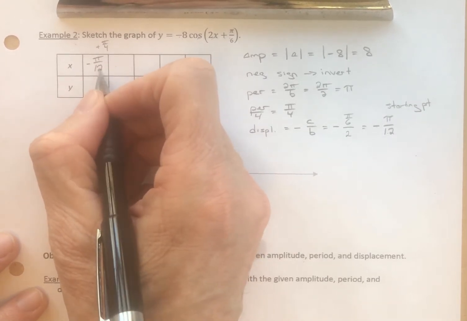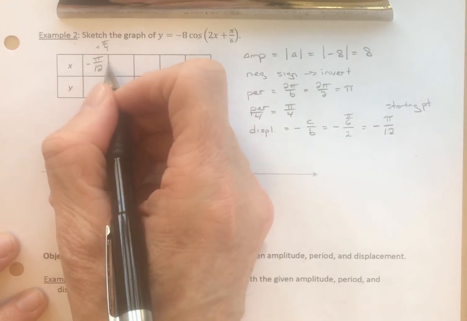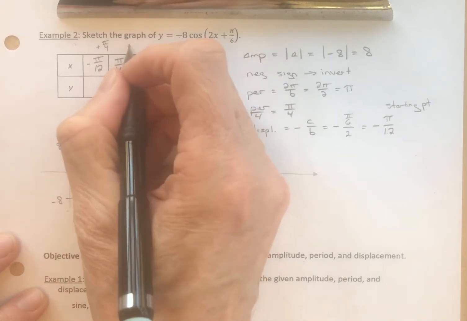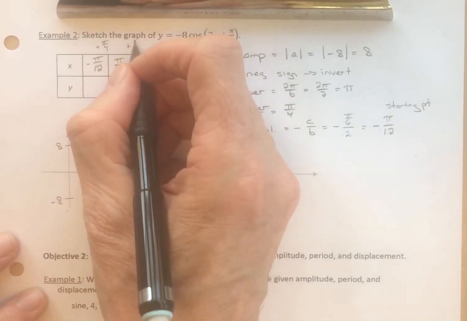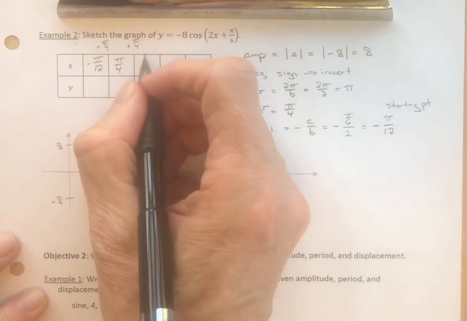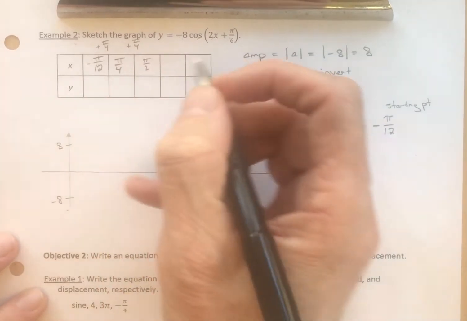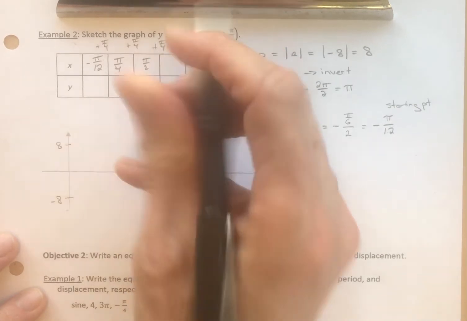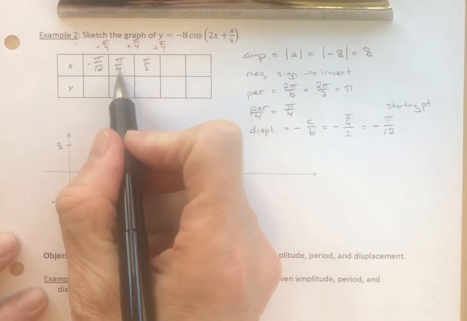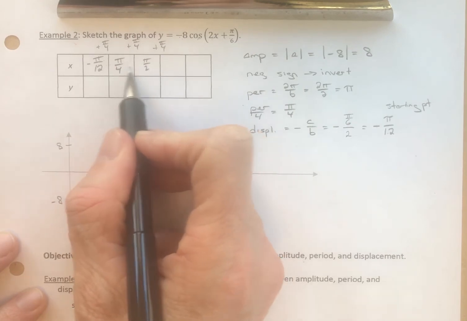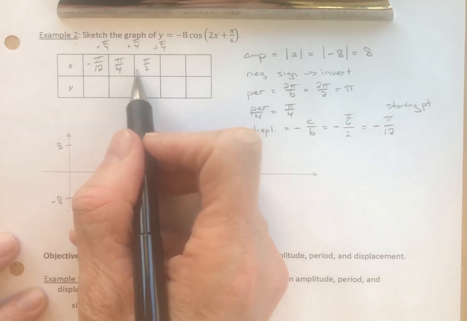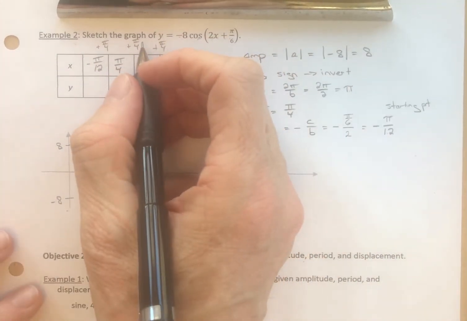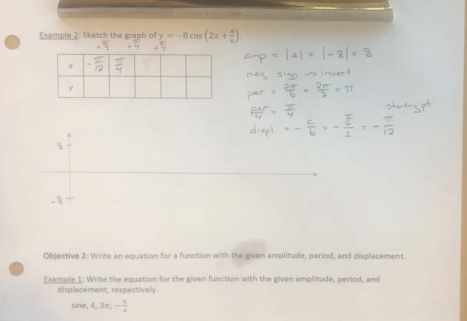Negative 1 pi over 12, 0 pi over 12, 1 pi over 12, 3 pi over 4, I believe. And then I'm going to add pi over 4, that's pi over 2, I hope that's correct. And then I'm going to add pi over 4, is this right? 3 pi over 12, 4, 5, this should be 7 pi over 12, I think. Well, now I've got myself caught. Just give me half a second here.